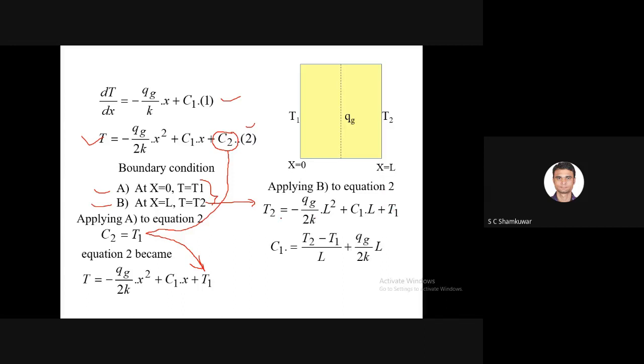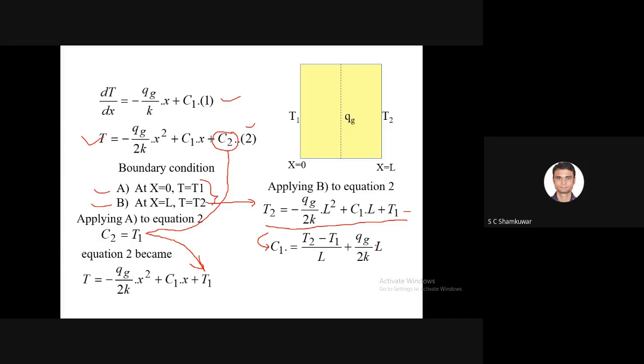And from this equation you will get the value of C1. If you rearrange this equation in terms of C1, you will get C1 = (T2 - T1)/L + qg L/(2k). Here qg means heat generation.